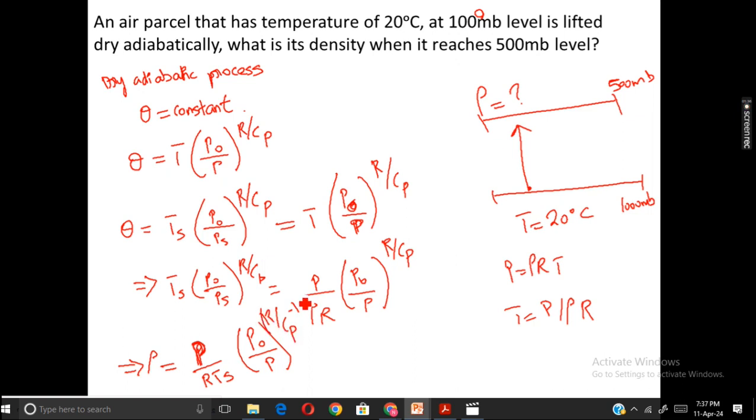Minus 1. R by Cp is having a value of 0.28. So R by Cp minus 1 has a value of 0.72.